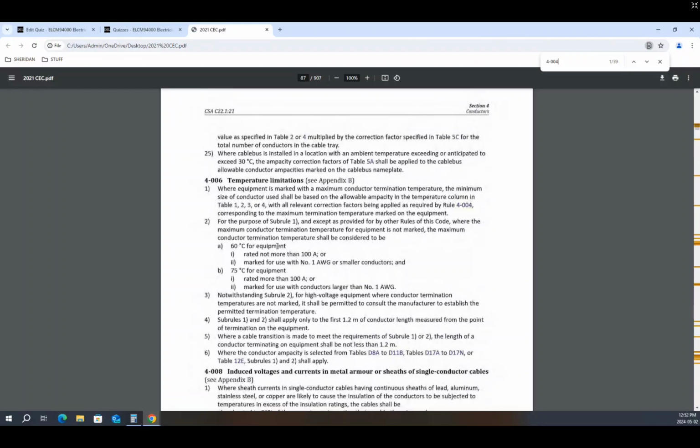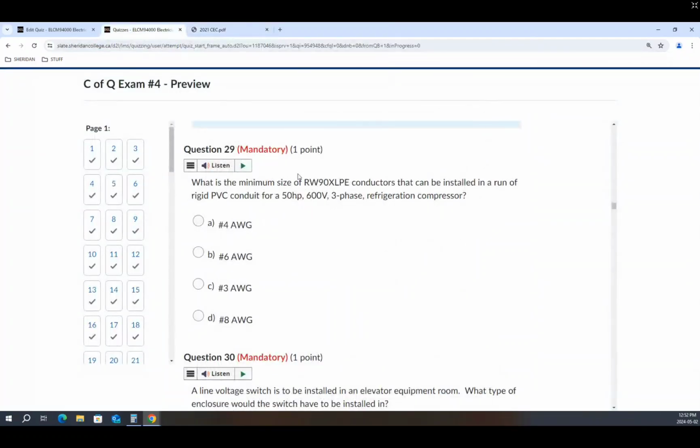So just try to remember that you're going to be using the 60 degrees C column if it's rated at not more than 100 amps and marked for use with number 1 gauge or smaller, or 75 degrees C for circuits rated at more than 100 amps. So if you can try to remember that from Rule 4-006, it'll help with quite multiple questions that will be requiring some calculations.